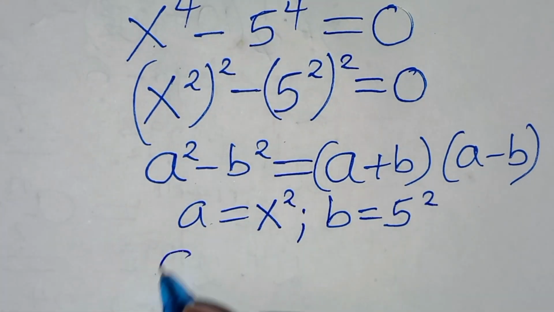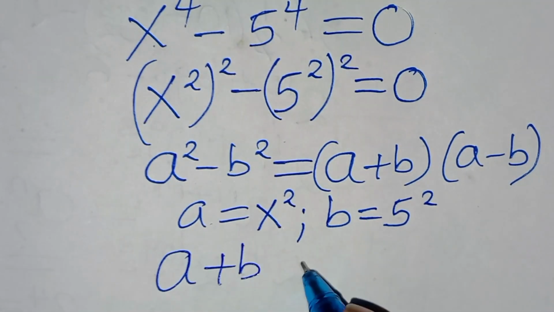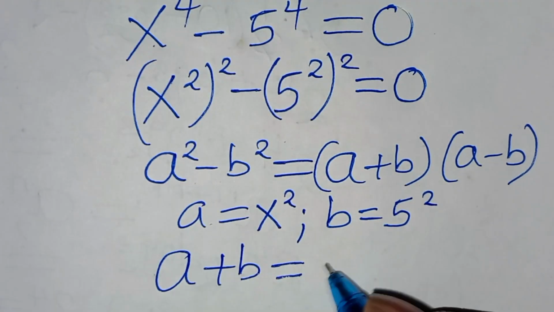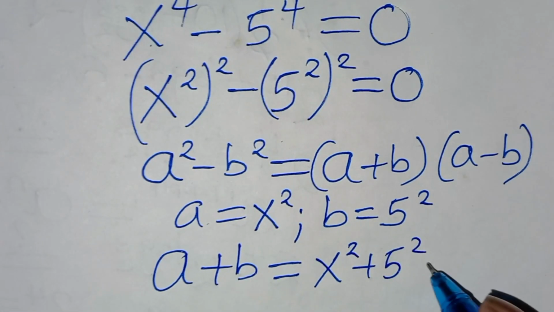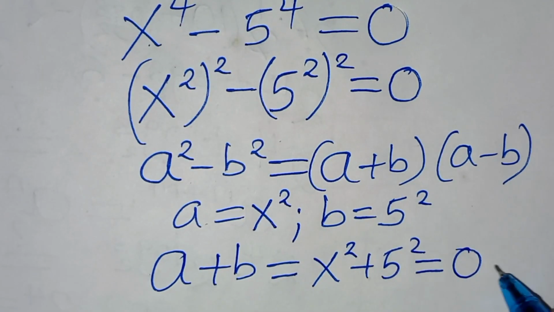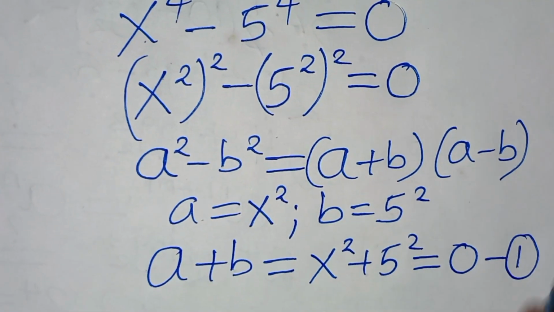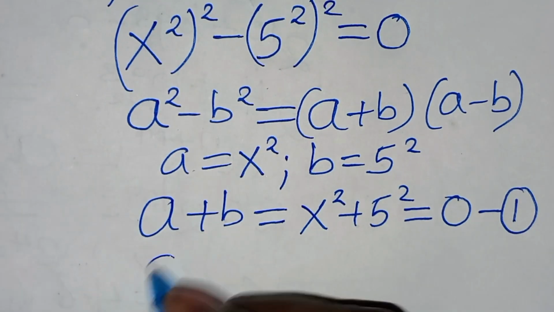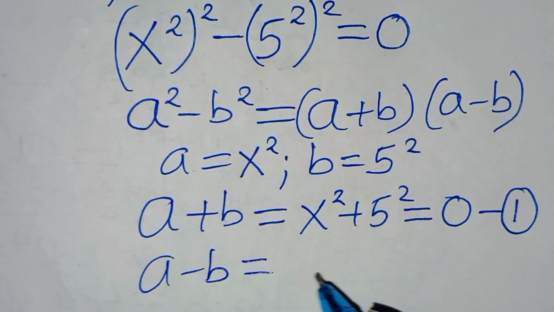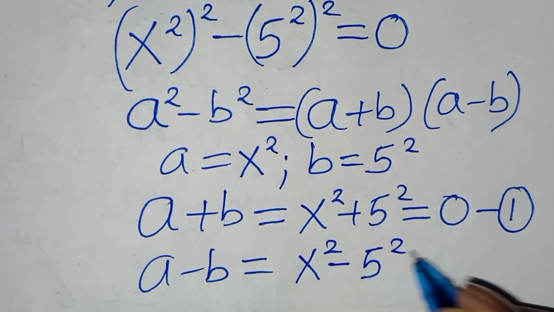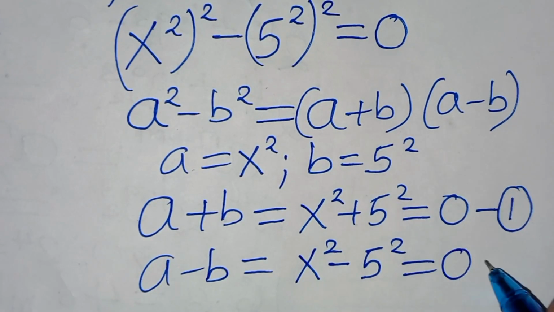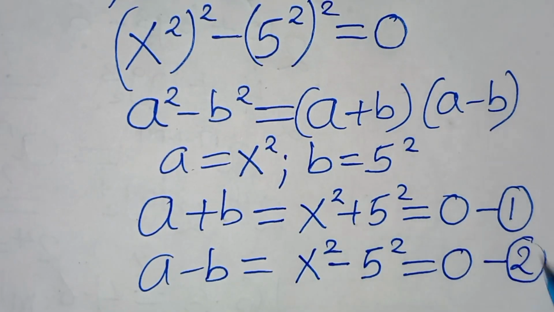So this implies that a plus b, this is equal to x squared plus 5 squared, this is equal to 0. Let's call this equation 1. And we have a minus b, this is x to the power 2, subtract 5 to the power 2, this is equal to 0. Let's call this equation 2.